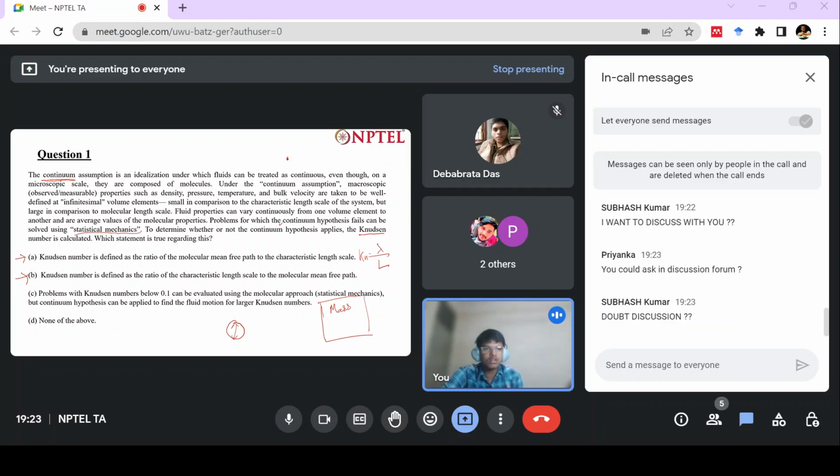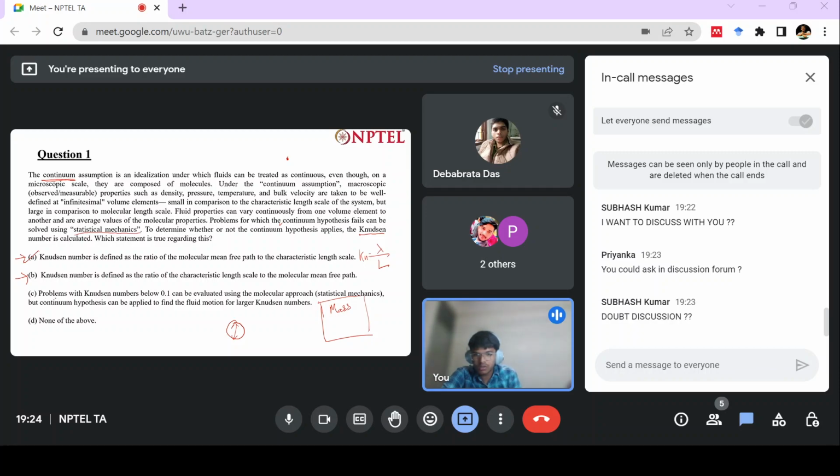So a lot of molecules are there, so no statistical variations will take place. If the Knudsen number is small, then you are approaching the continuum. You can take it as a continuous medium. If your Knudsen number is large, then you will not be able to take it as a continuous medium. So your A is correct.